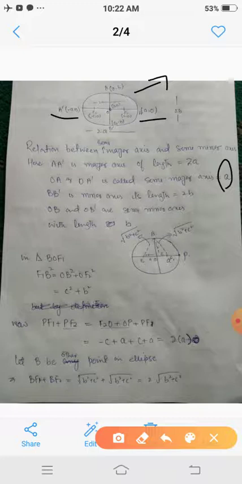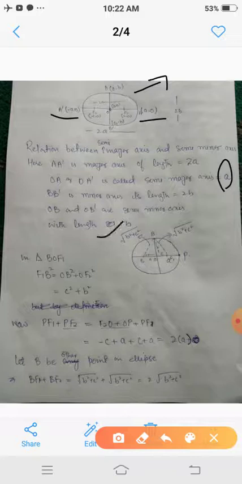Similarly, the minor axis is 2B, so its endpoints are (0, B) and (0, minus B), hence the length OB of the semi-minor axis is B.